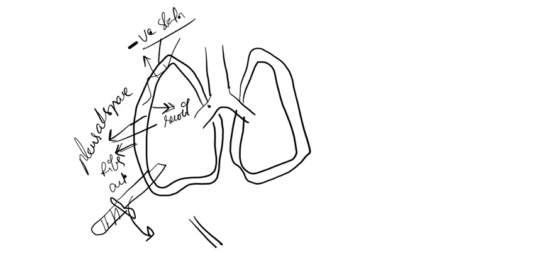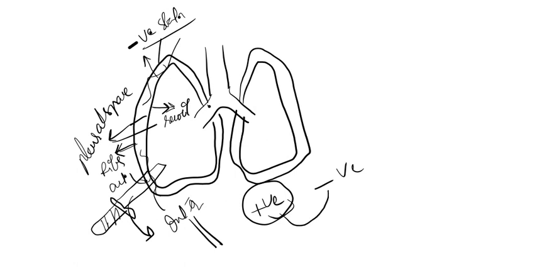So here, this is the pleural space. The space gets exposed, or forms a communication with the outer atmosphere. But remember one thing: the outer atmosphere is positive, the pleural space is negative. So the positive pressure in the outer atmosphere causes air to get sucked into the pleural space.